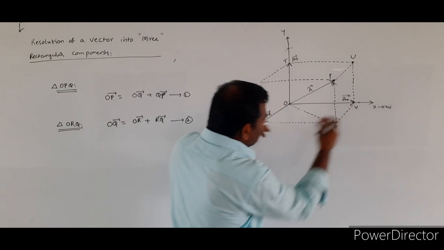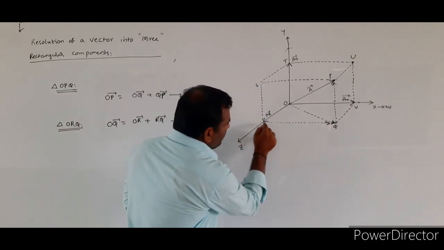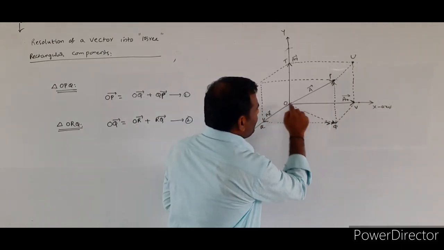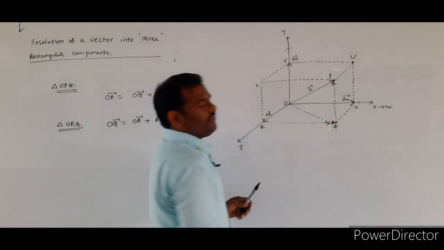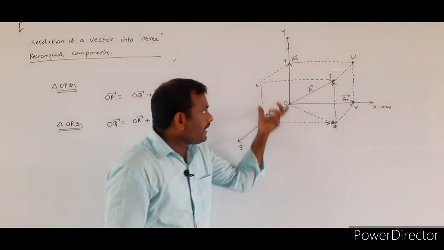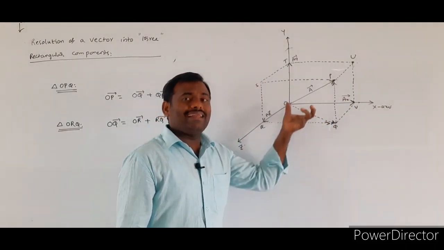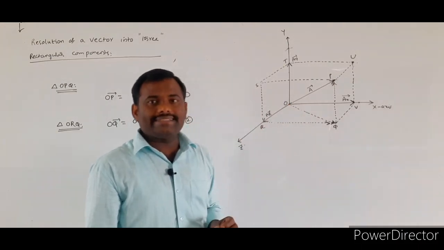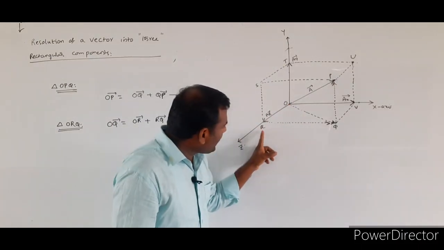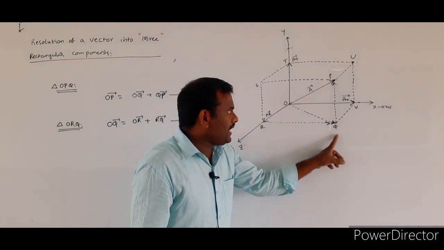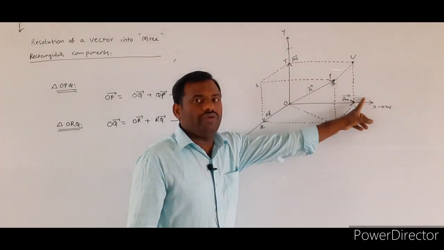Now, if you observe this diagram carefully, the vector RQ bar is parallel to the vector OV bar. In a rectangular parallelepiped, parallel sides remain the same. So the vector RQ bar is equal to the vector OV bar.